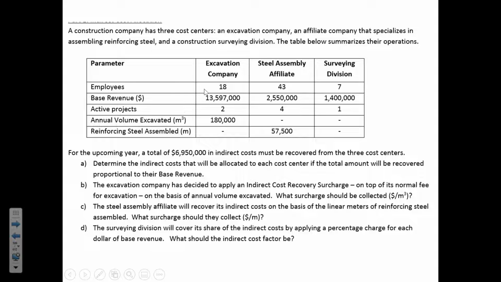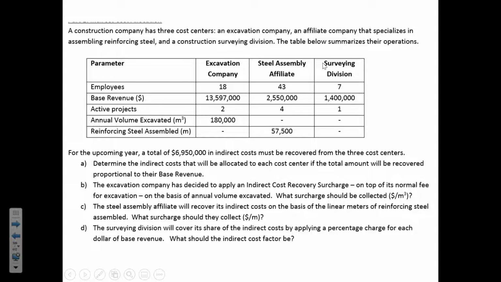And so what we know about each of the divisions is how much revenue they each generated in the previous year, the number of employees they have, number of active projects. We just have some data about them. And we're going to try and explore, play around with different ways to figure out how we're going to collect that $6.95 million. How much of that 6.95 has to be covered by each of the three subdivisions?